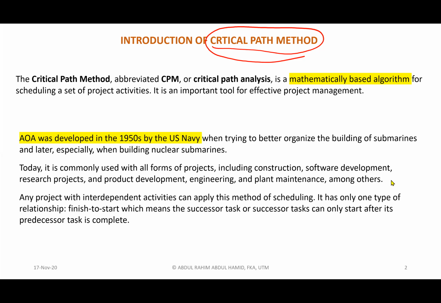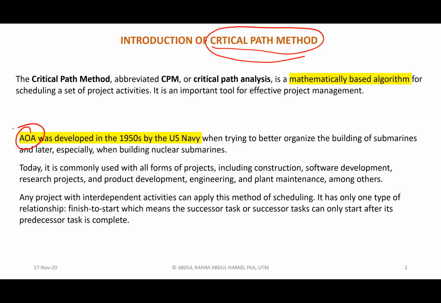And remember, CPM is the calculation method. We can use either AOA diagram or AON or PDM diagram especially in order to show all values inside the diagram.